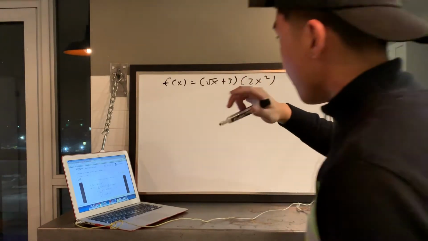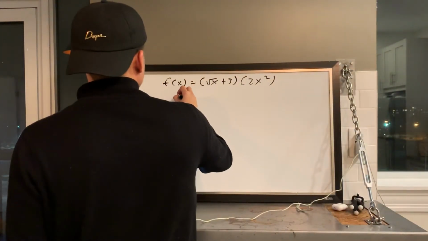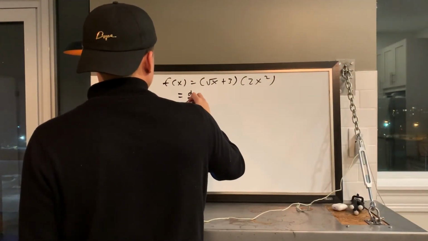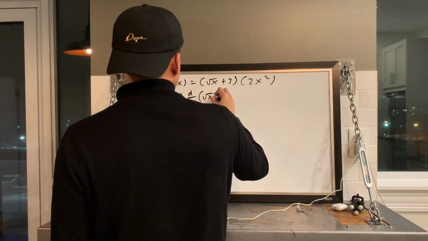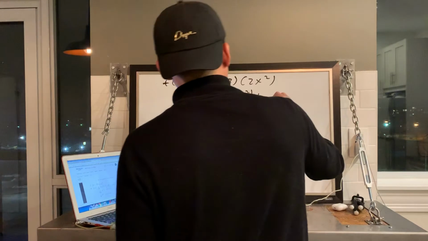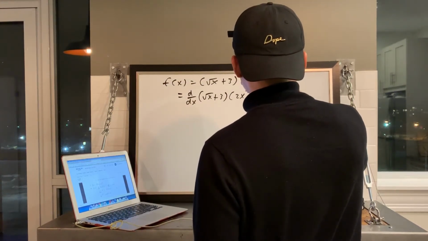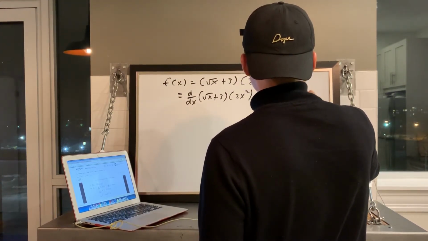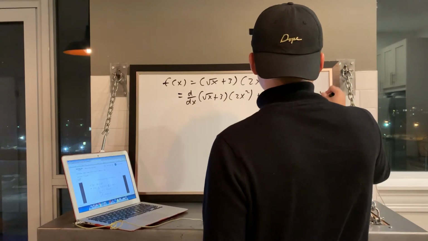Then we take the derivative of the first one, d dx of root x plus 3, leave 2x squared, plus root x plus 3 times the derivative of 2x squared, okay?